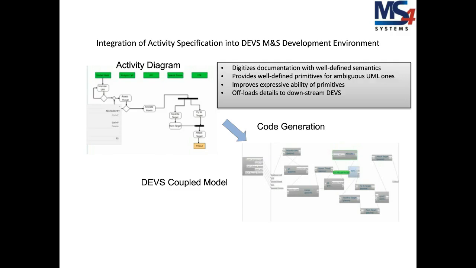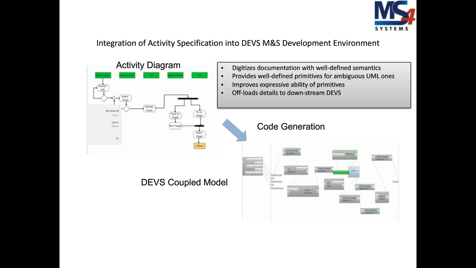So here's an idea of the activity diagram and the code generation. The diagram digitizes, you could say, the documentation with well-defined semantics that otherwise would not be well-defined, or as well-defined as they can be now with this concept we've developed.